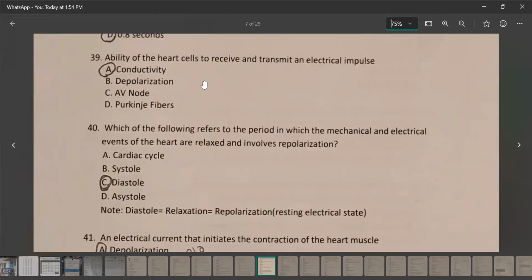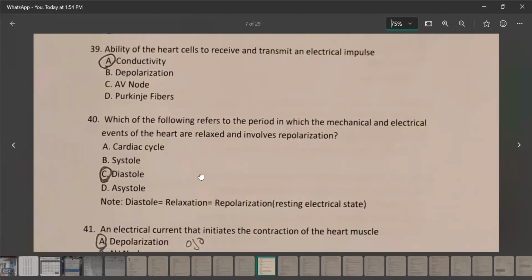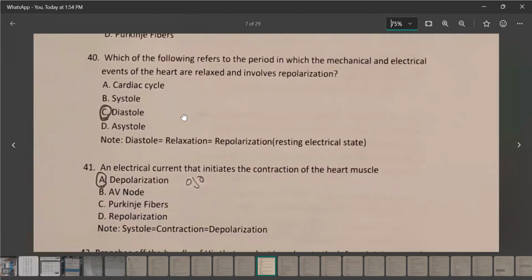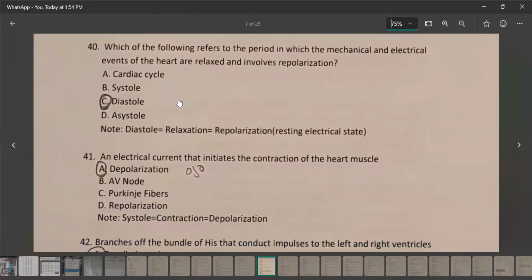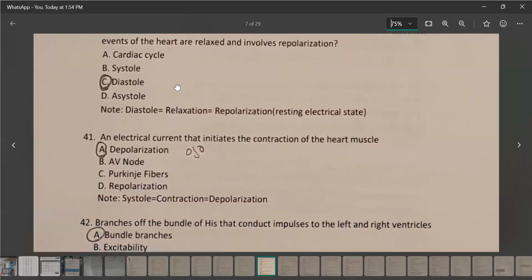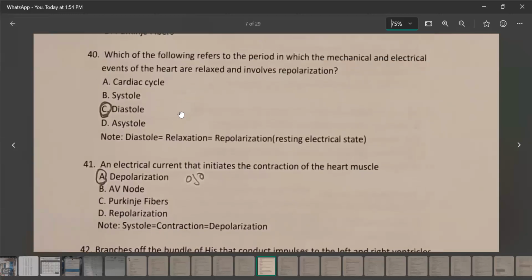Ability of the heart cells to receive and transmit an electrical impulse. Conductivity. Which of the following refers to the period in which the mechanical and electrical events of the heart are relaxed and involves repolarization? Diastole.